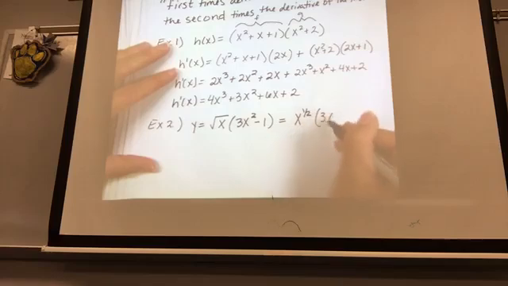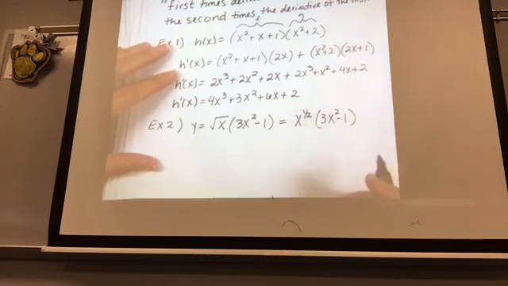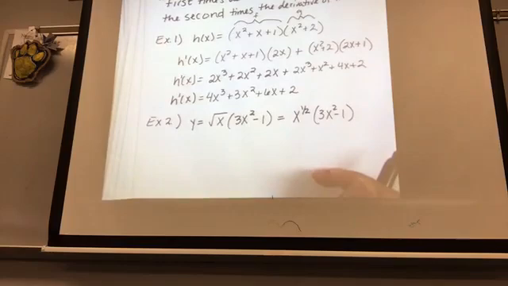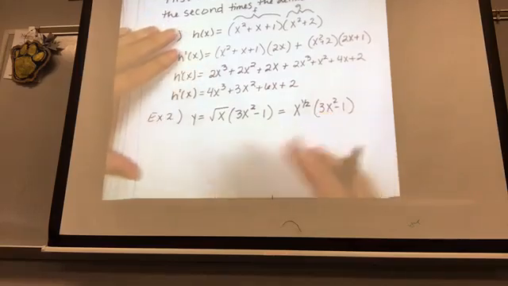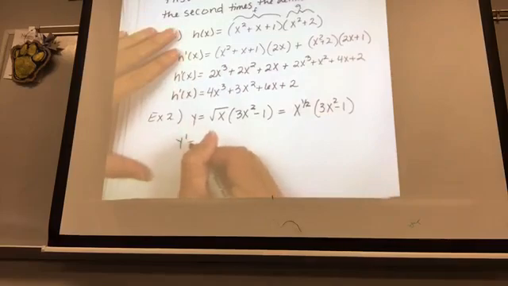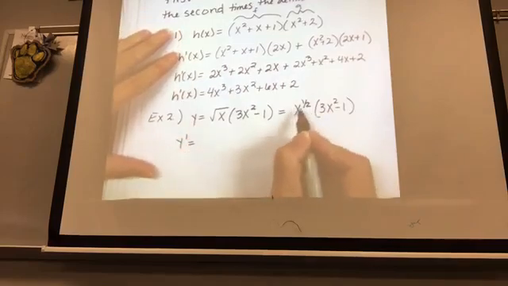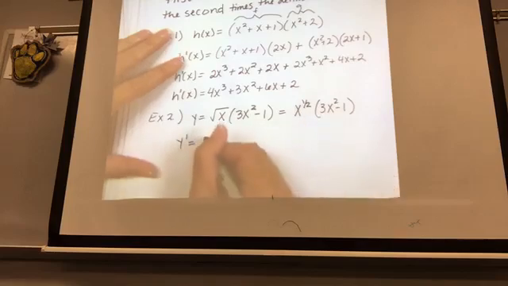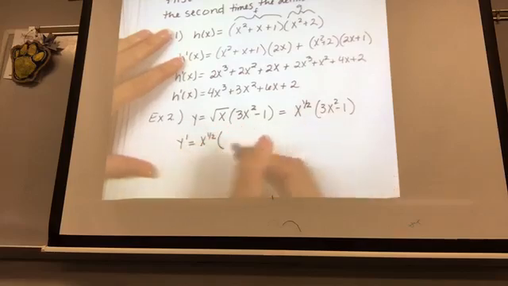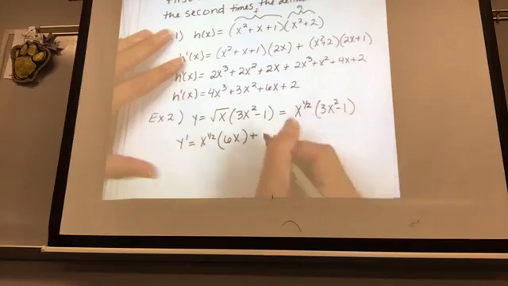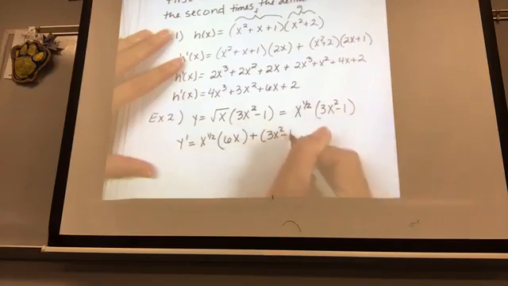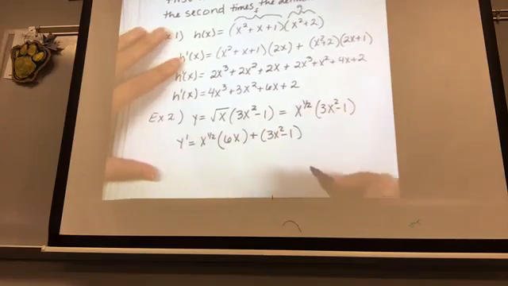And then 3x squared minus 1. Alright, and now let's use the product rule to find the derivative. So y prime will equal first times the derivative of the second, so x to the 1/2, times 3 times 2 is 6, so 6x, plus the second, 3x squared minus 1, times the derivative of the first.